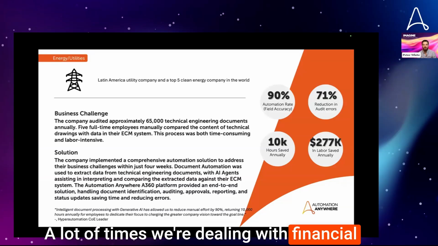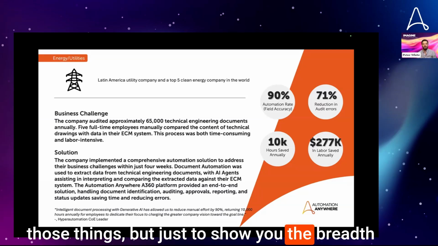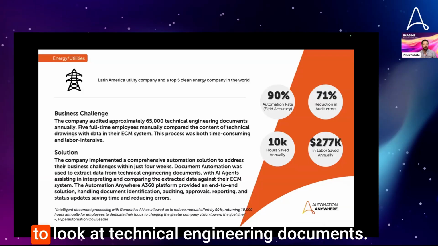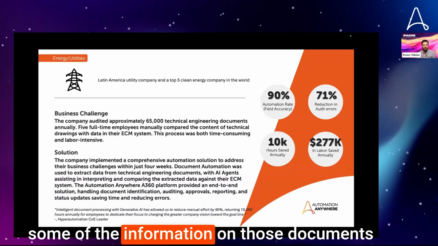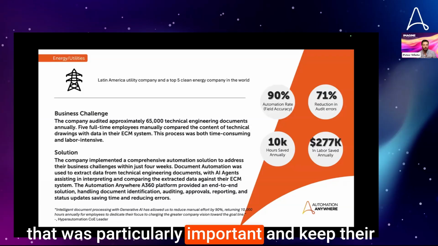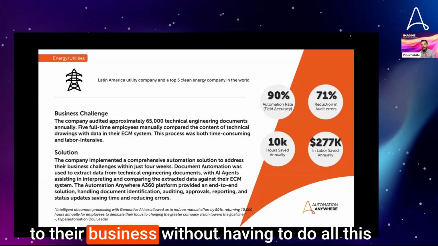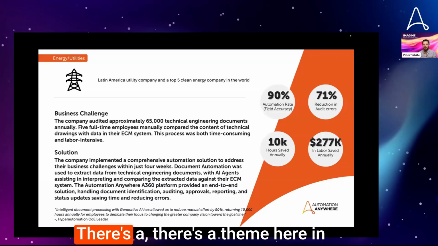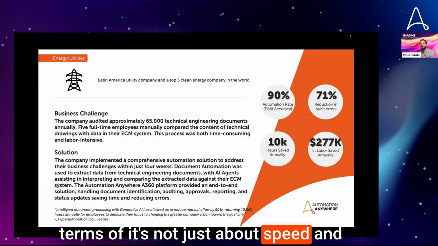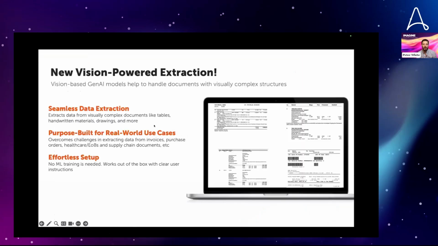A lot of times we're dealing with financial documents like invoices or sales orders, but just to show you the breadth of what we can do, this company used generative AI to extract data from the particularly important information on those documents, and keep their systems updated in a way that was critical to their business without doing all this work manually, again reducing errors. There's a theme here: it's not just about speed and efficiency, it's about better quality in the output you're getting.